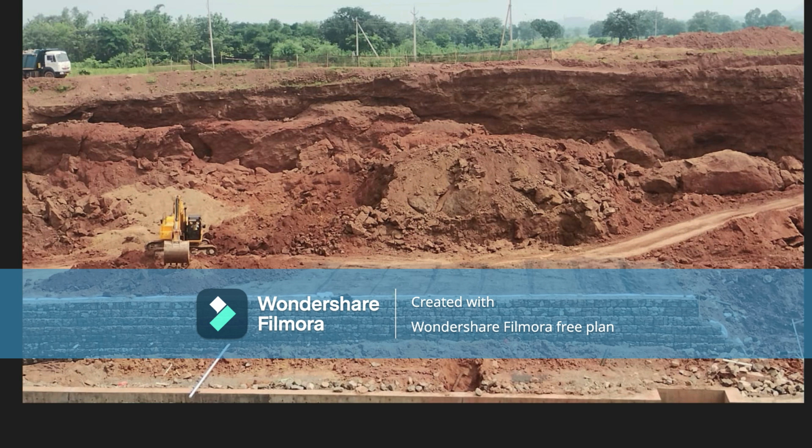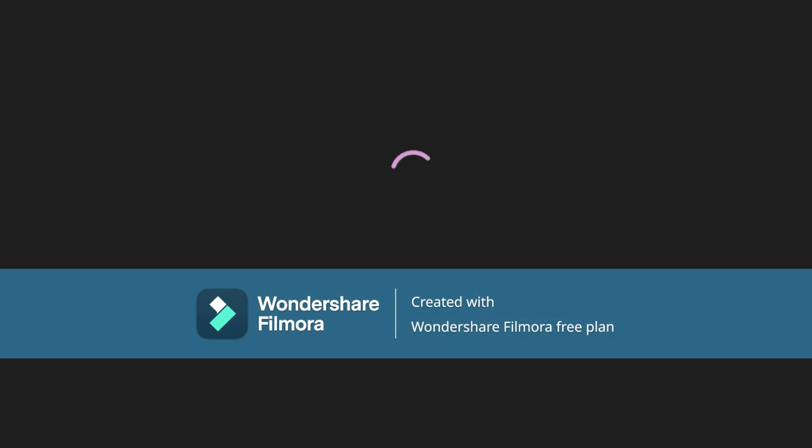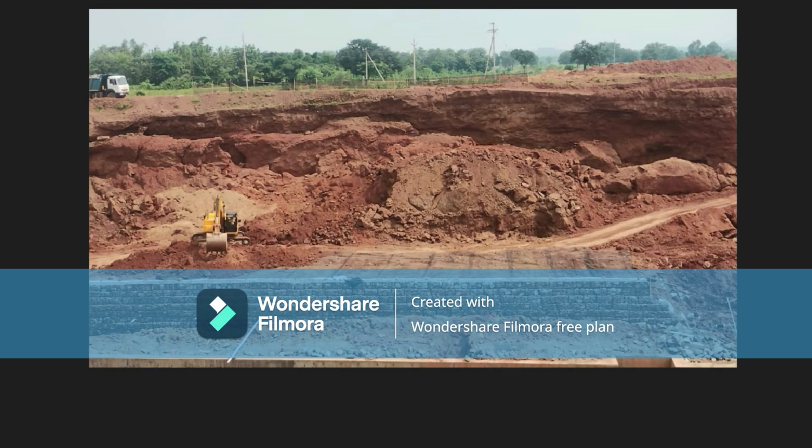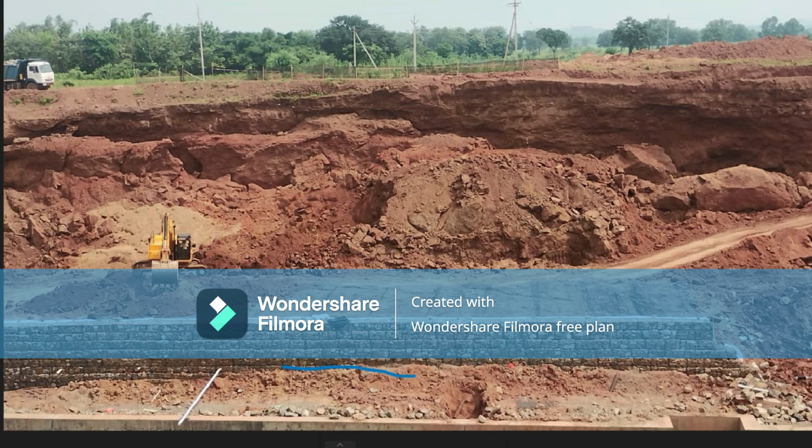Here, after filling, we have to reconstruct and refill the existing structure. Here we see the Gabion wall box provided.